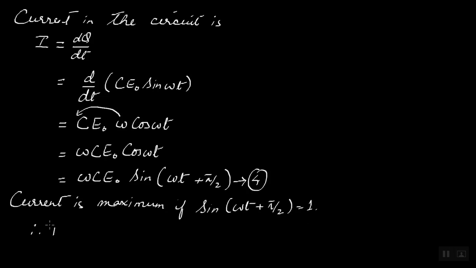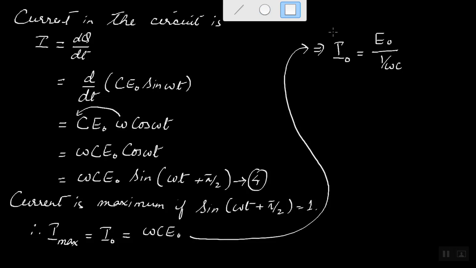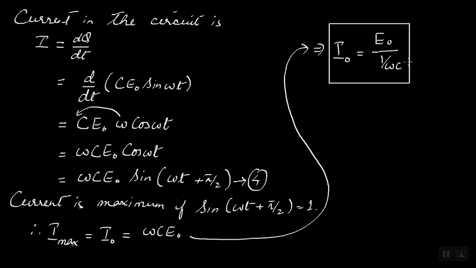So therefore I max, and this I max is nothing but the peak value I naught, is equal to omega C E naught. Let me write it somewhere here. So I naught is equal to E naught divided by 1 by omega C. We put this inside a box. Again, let's call this equation 5.